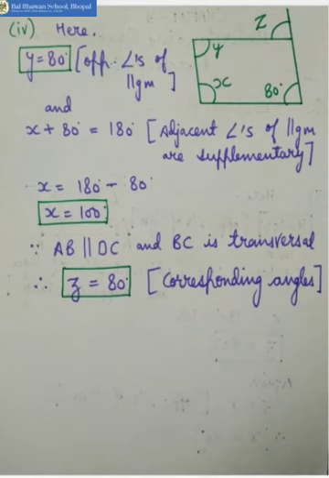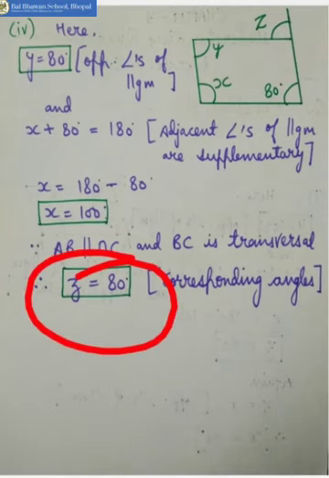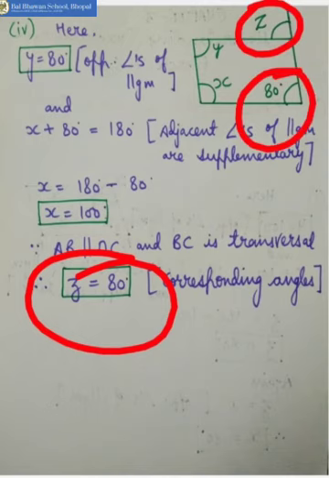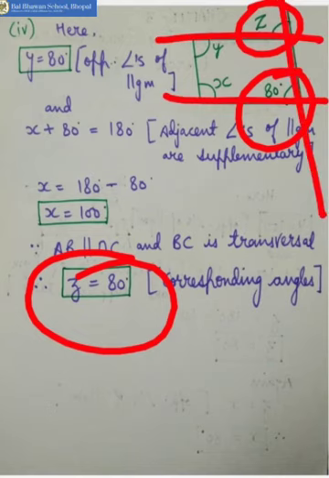Why will it be equal to 80 degree? Because this Z and 80 is a pair of corresponding angles, and these two are the parallel lines, and this is a transversal. So Z will be equal to 80 degree by corresponding angles.